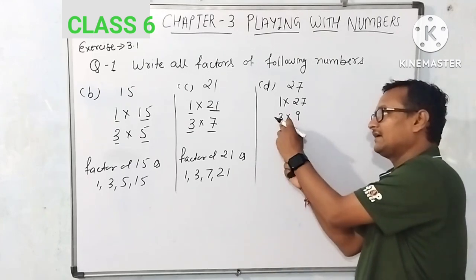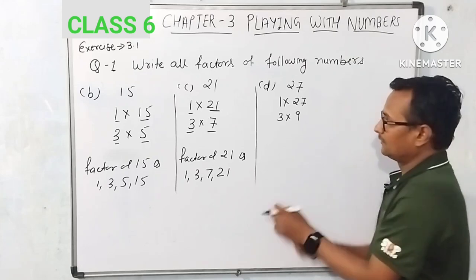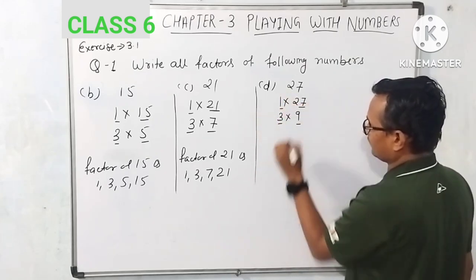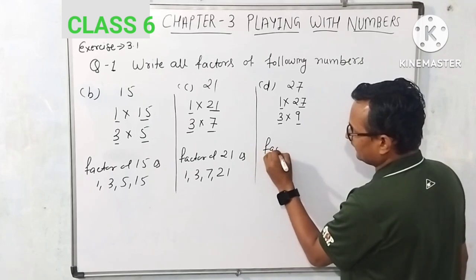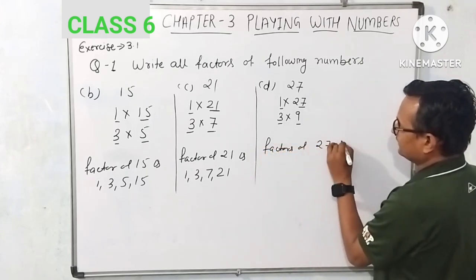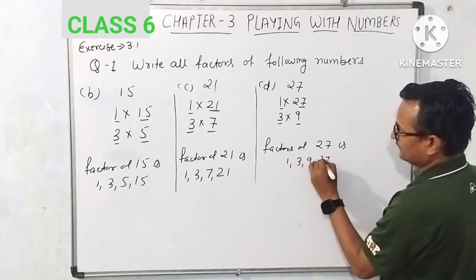So again it will repeat, 3 into 9, 9 into 3. So we have to stop here. The factors of 27 are 1, 3, 9 and 27. So we can write factors of 27 are 1, 3, 9 and 27.